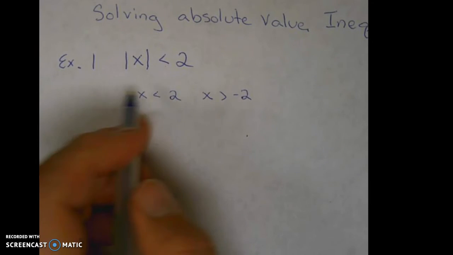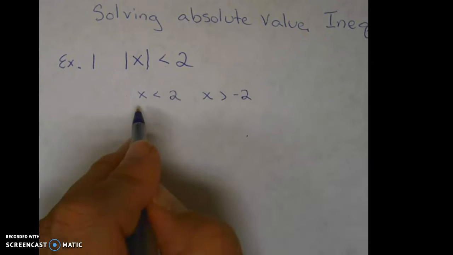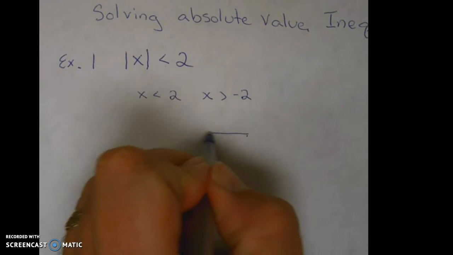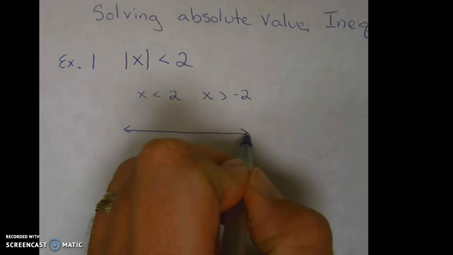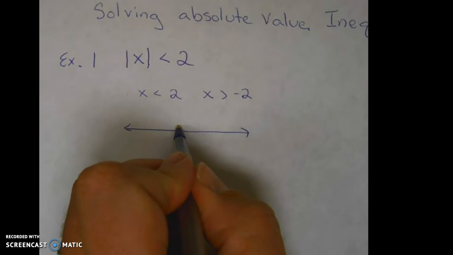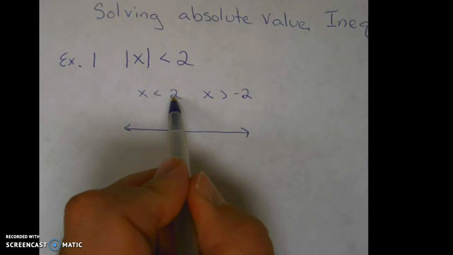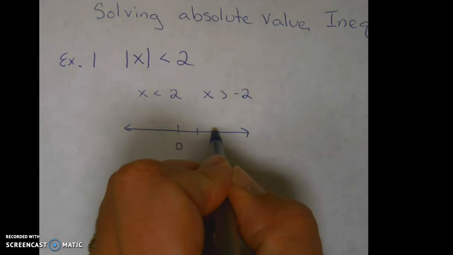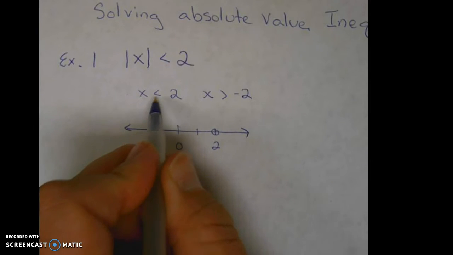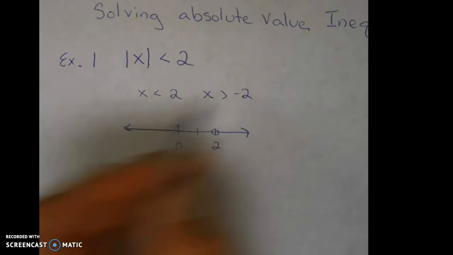All right, here we go, back to our answer. So now to graph this answer, we're going to draw a number line. And so we're going to put an open dot at 2 because there's no equal sign. And we're going to put an open dot at negative 2.